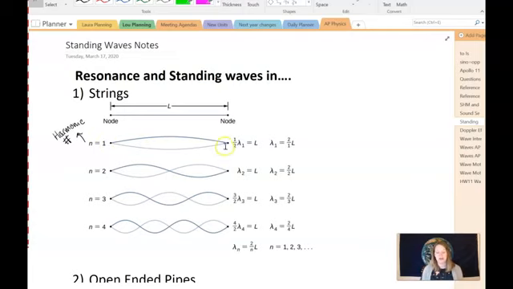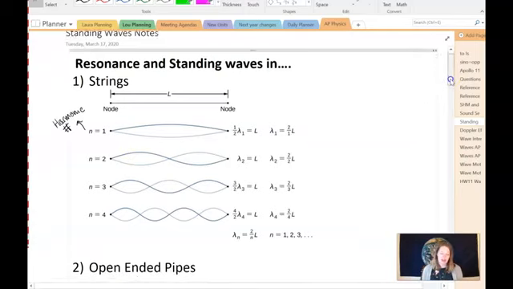And in this case, the fundamental is a half of a wave. So the length of the string has a half of a wave, and so the wavelength of that first harmonic is 2 times L. So we can identify each harmonic by this integer number n, which corresponds to how many half wavelengths, or how many of the fundamental, fit in the length of the string.